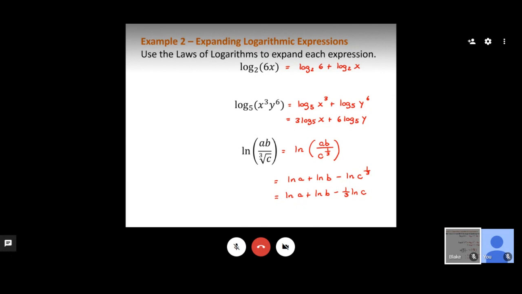Now, if we were working backwards here, always take care of your exponents first. So you'd want to move the exponent up first, then you can take care of your multiplication and division at that point if you were trying to recombine these, okay? In this case, we don't really need any parentheses. And the reason is if I were to go from left to right, I would say A times B and then divided by C to the 1/3. And so all of this would give us what we started with. If you ever have a case where, let's say you have multiplication in the denominator and you need that stuff grouped together, then yes, you might end up with parentheses.